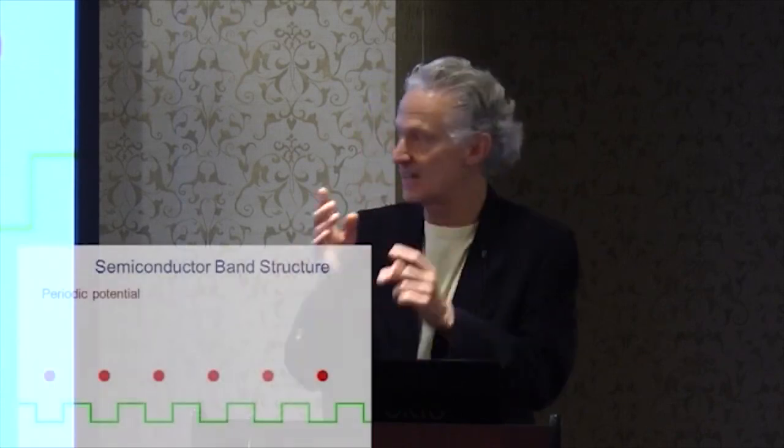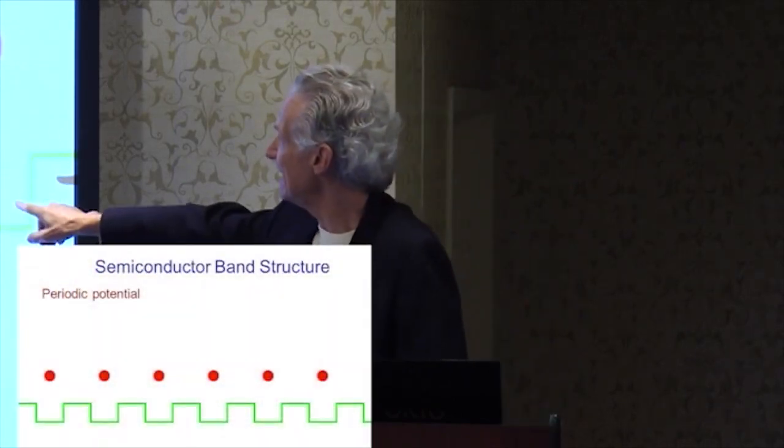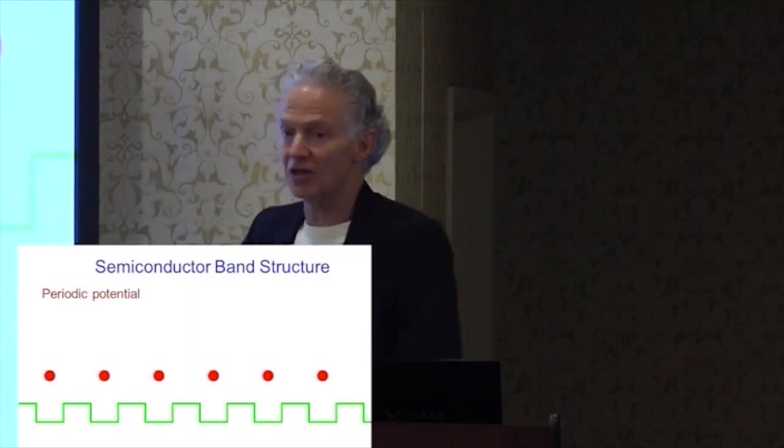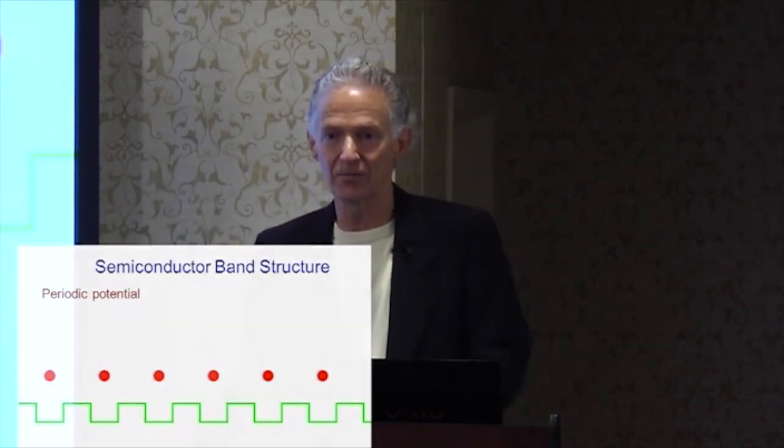When that wavelength is such that it keeps on hitting these barrier walls, the electron says, I'm fed up, I'm not going to move, and it reflects. Therefore, that electron is encountering the forbidden gap. If the electron has more energy, shorter wavelength, or less energy, longer wavelength, it doesn't encounter this periodic potential in the same way. And so from the periodic potential, we can derive a band gap. It's sort of a Fourier transform approach.